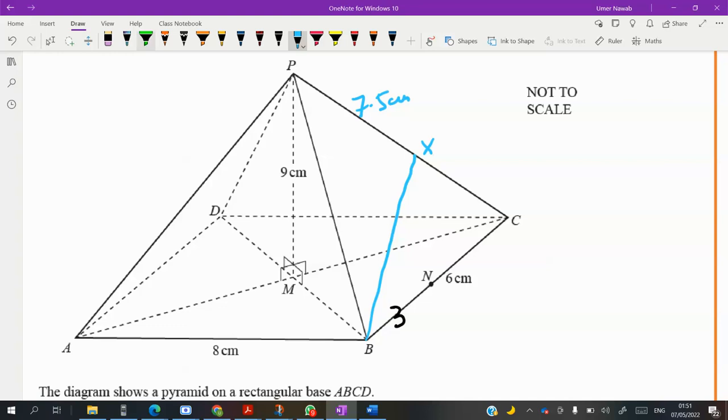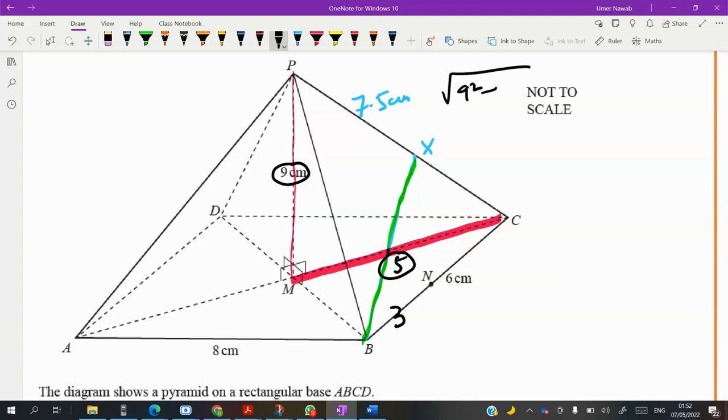To get this BX, I have to go through many phases. What is the first step? The first step is this is 9 and this is 5. I can easily find the PC side by using Pythagoras.